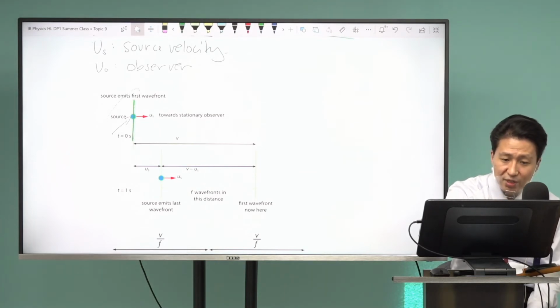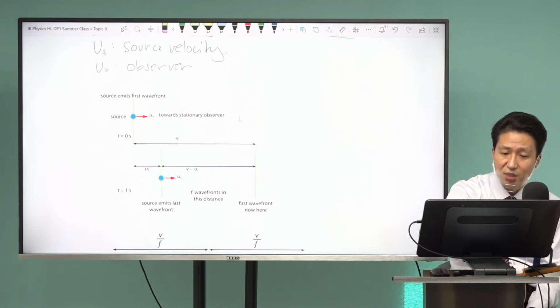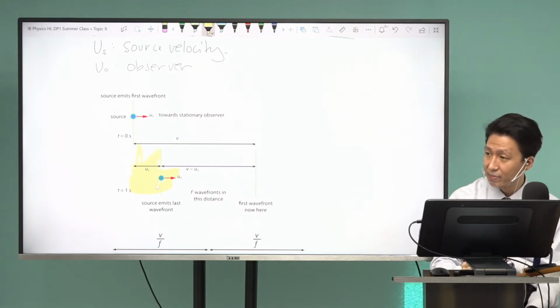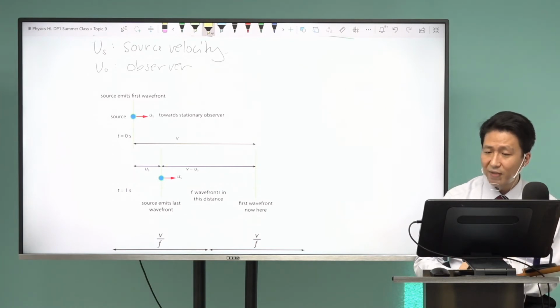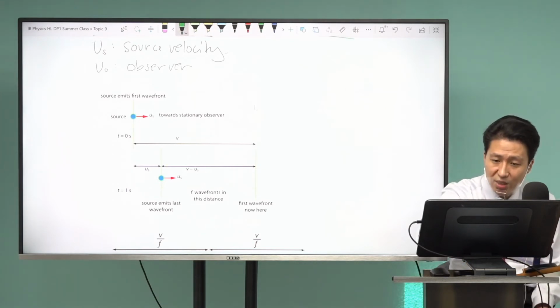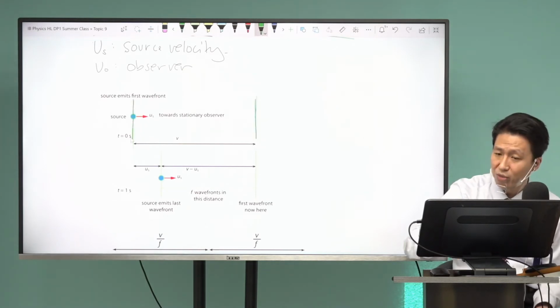This wavefront, as time passes by, moves towards the right, right? Correct? It moves to the right, but the source is also moving towards the right, like you can see here. It moved this distance right here, right? Now, normally, if it had not moved, the wavefront would have been here, and the source would have been here.